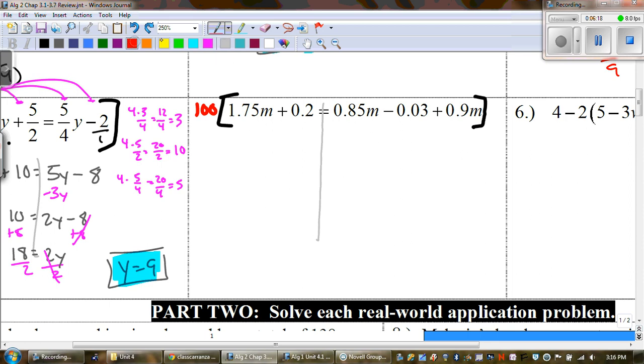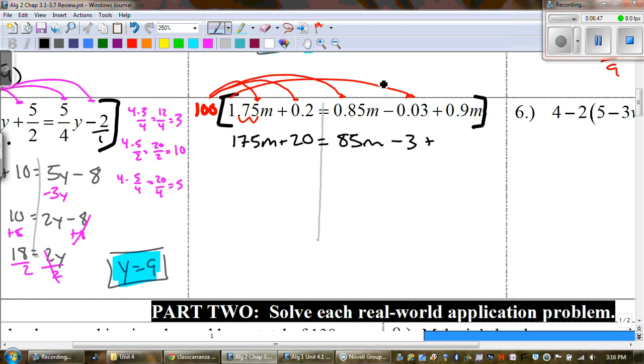So when we multiply everything by 100, all we're saying to do is move that decimal 2 spots. Multiply by 100, move the decimal 2 spots. I think you kind of get the hang of this, but you have to remember that we have to do this to everything. Oh, and there we go, last one.